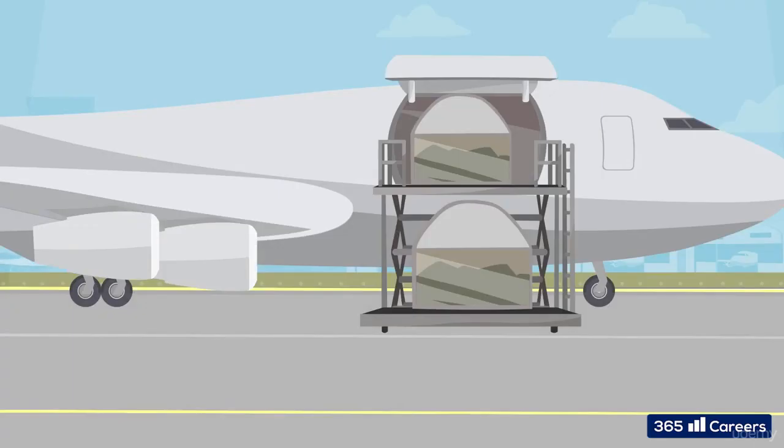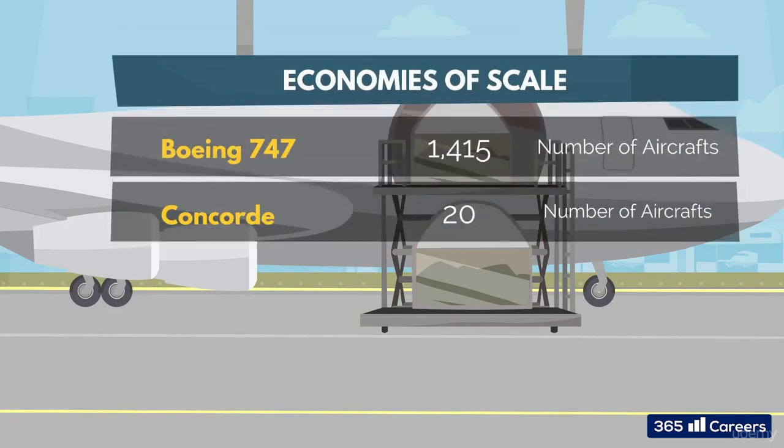Let's provide an example with the airline industry, where the cost for development of a new aircraft is huge. Boeing 747 is one of the most successful aircraft projects because the company built 1,415 aircrafts. Concorde turned out to be unprofitable. Only 20 planes were built. However, the cost of research and development of the two projects is comparable, right?